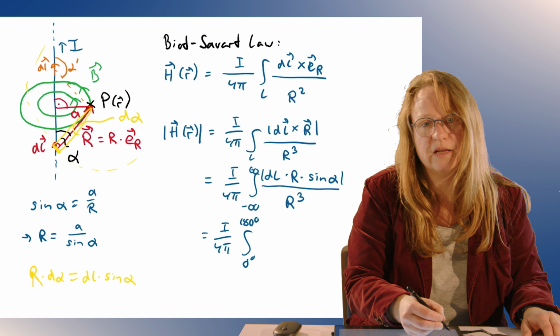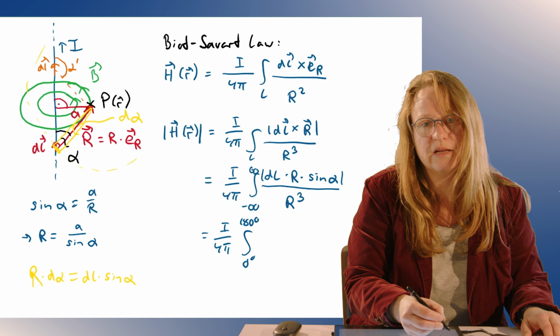So if we plug this equation and that equation into the integral, we finally are left with sine alpha over a d alpha. And the a is now a constant, it can be pulled in front, and so it means we only have to integrate over the sine alpha.